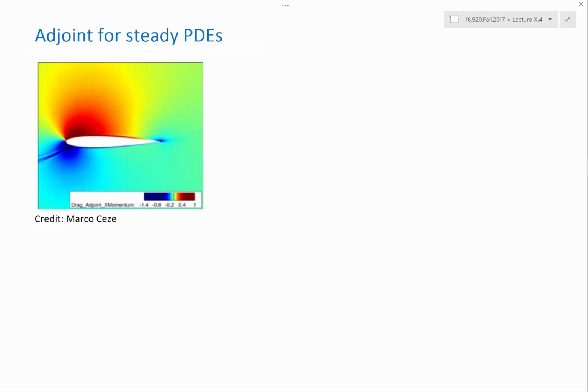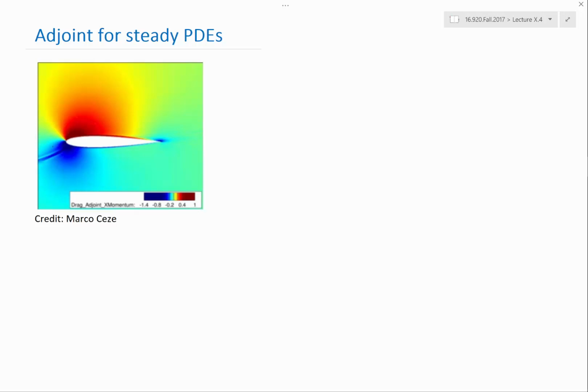This is the Lagrange multiplier we ended up solving for, multiplied on the x momentum. It tells you the sensitivity of the objective function to a disturbance or a source term that is added to the x momentum equation.